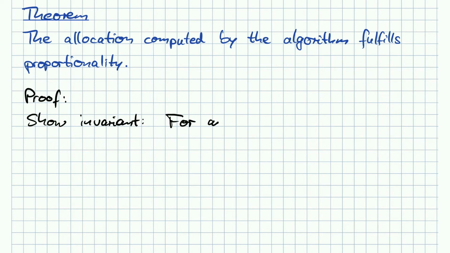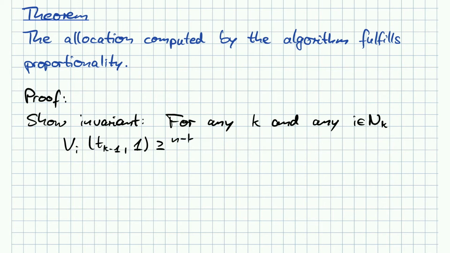For any k and any i in nk, we'll have that the value that agent i, we should say today, because they are not buying, and they're not bidding, and they're not playing, they're just some agents who want to get something, will be at least (n minus k plus 1) over n.